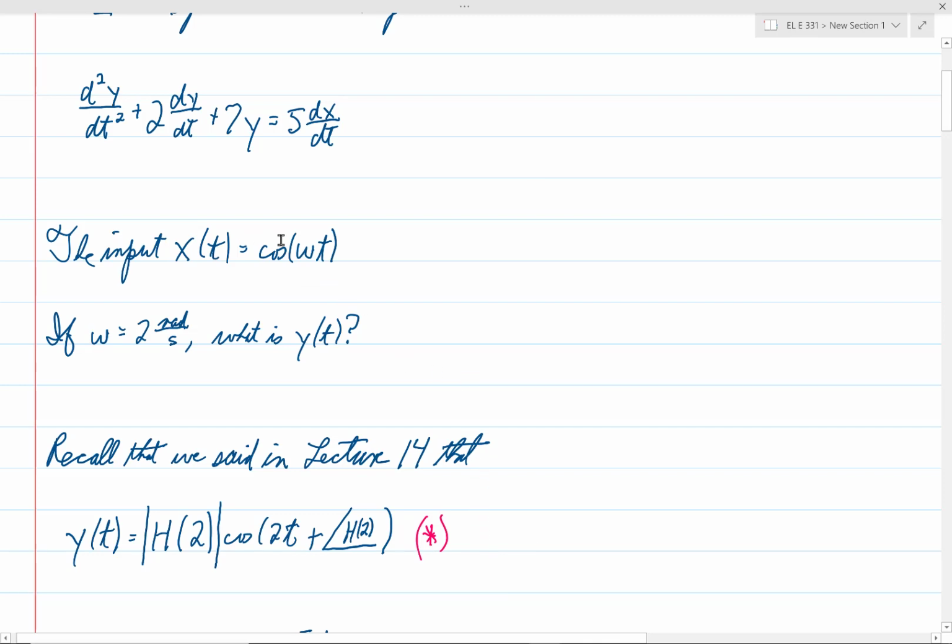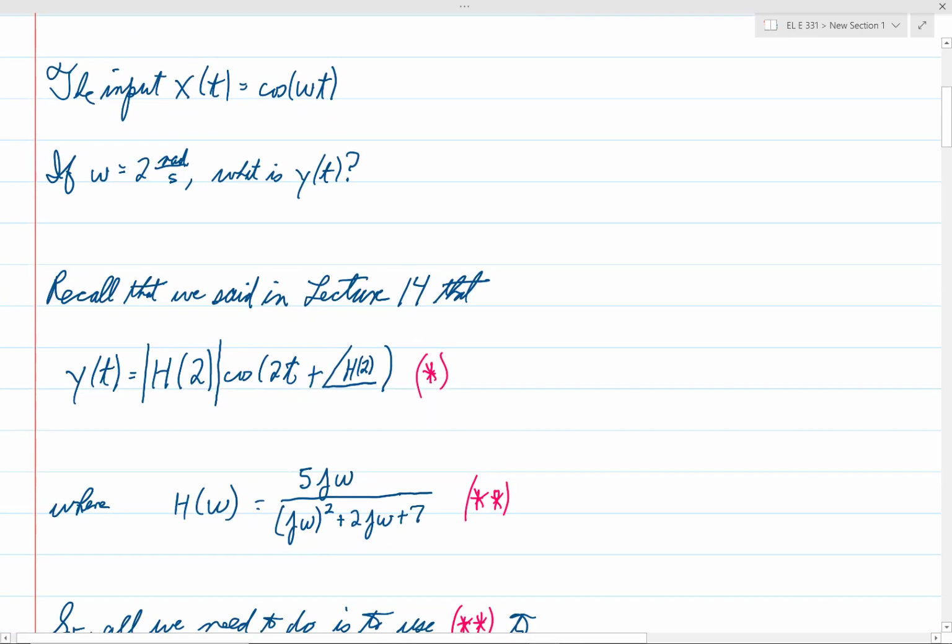So again, what we do is take this sinusoid right here that is the input, and we multiply its magnitude, which is just 1, by the magnitude of the frequency response at the frequency of interest. And then we add to its phase the phase of the frequency response, again evaluated at the frequency of interest.